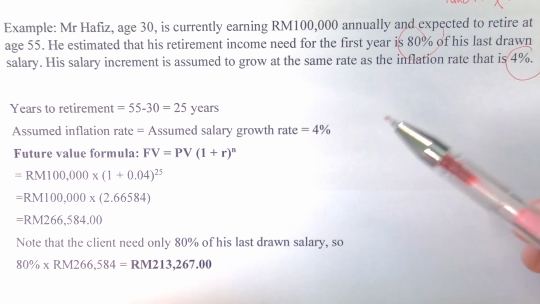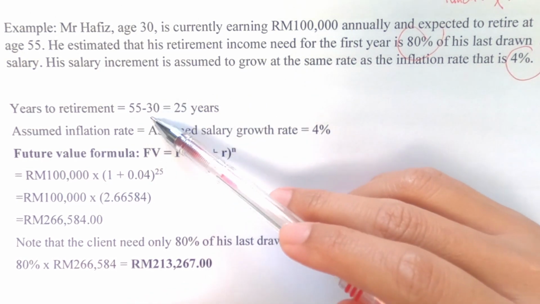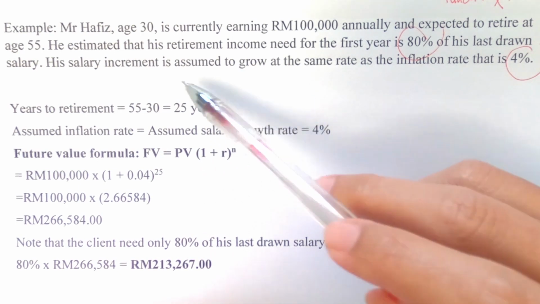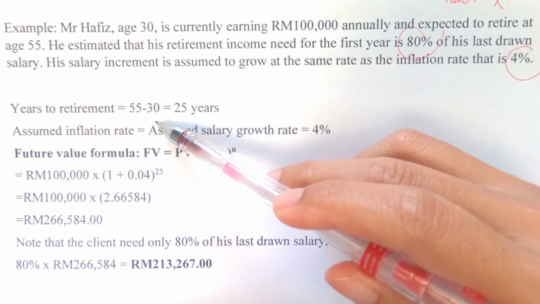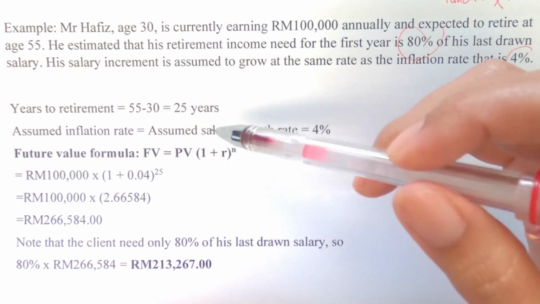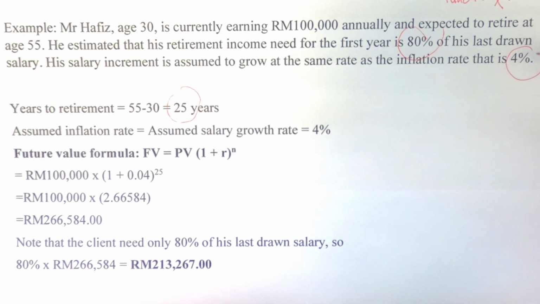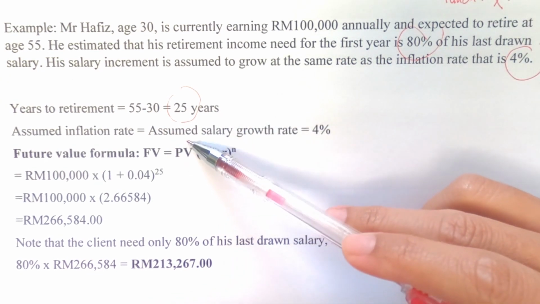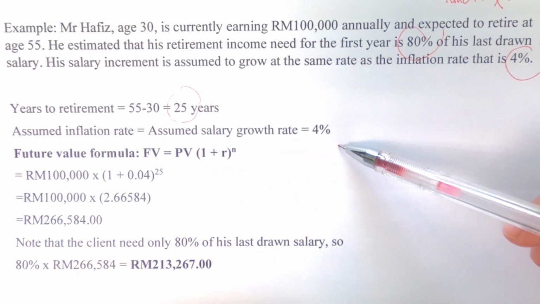Therefore, in this case, years to retirement is 55 minus 30. 55 is the retirement age minus the current age, that is 30, which means the years to retirement is 25 years. So Mr. Hafiz still has another 25 years for the accumulation, and it is assumed that the inflation rate is equal to the assumed salary growth rate, that is 4%.